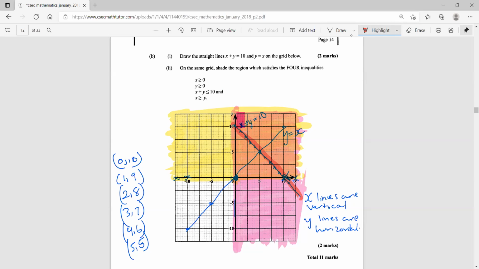So they want x plus y is less than or equal to 10. So we know that we have to find the x plus y equal to 10 line, because in order for us to find if it's greater than or less than the line, we need to find the line itself. So x plus y equal to 10 is this line. Where would the region be for less than that line? Above the line or beneath the line? Below. Correct. So now we're shading this way.